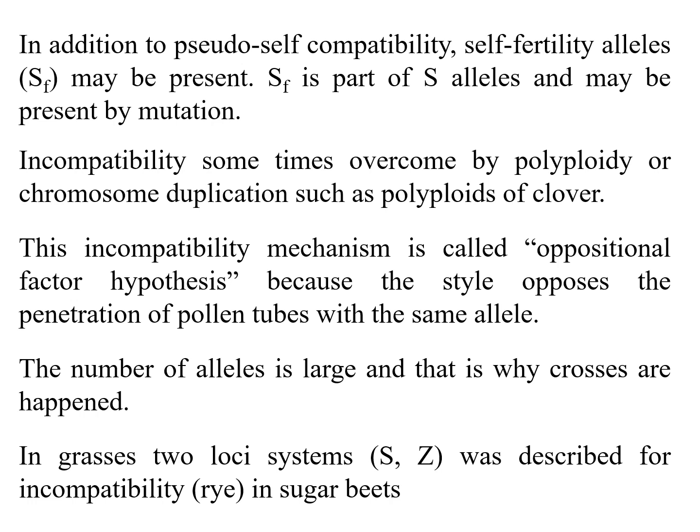Because the stylar tissue is the one responsible for this type of incompatibility, which means that, as I showed you in the figure, the style tissue, for example, has S1 or S2, it prevents any S1 and S2 from coming and growing. The style tissue itself is the one that produces the opposition and prevents the growth. So we call it the oppositional factor hypothesis, where the S system or the stylar tissue prevents the growth of the pollen.